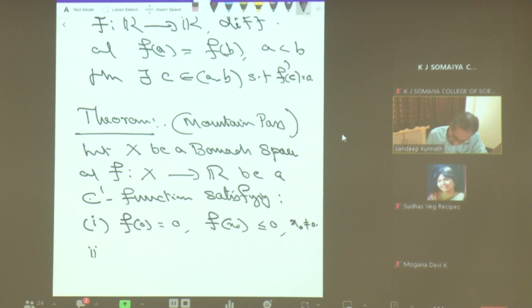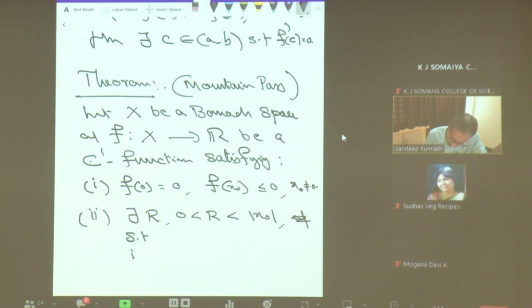And the second point is that there exists an R such that 0 less than R less than the norm of x0, such that the infimum of f(x) for norm x equal to R is equal to some m which is greater than 0.